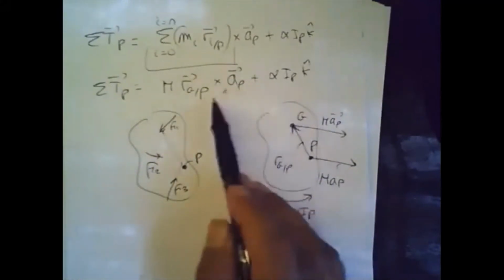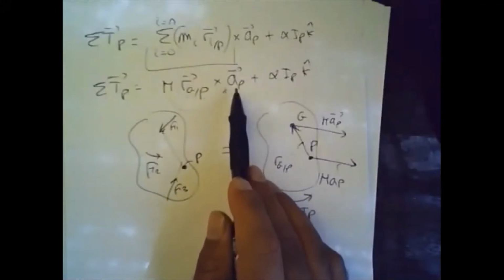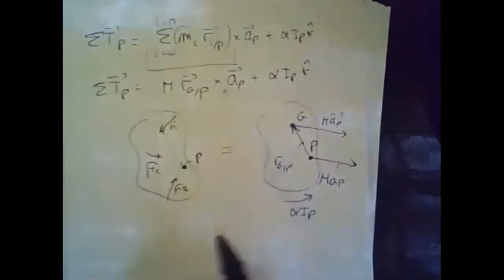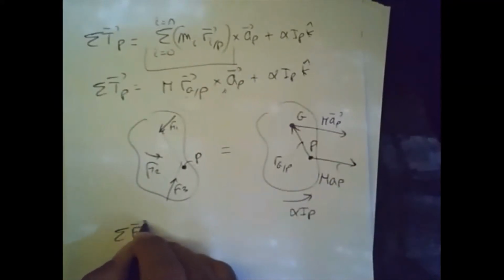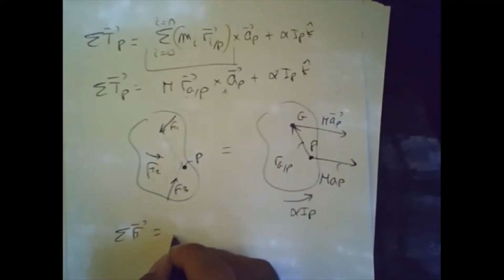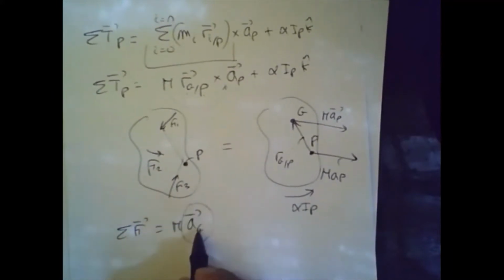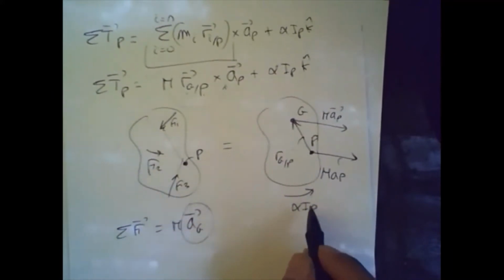If I rearrange that equation and use the acceleration of the center of gravity, I can directly get it from the forces, because I know the sum of the forces on the body has to be equal to m a_G, and then I can get a_G from here.